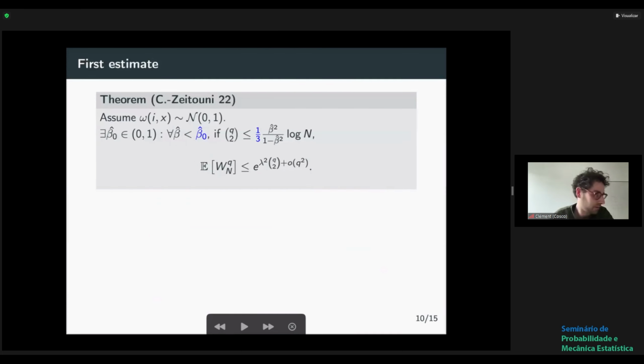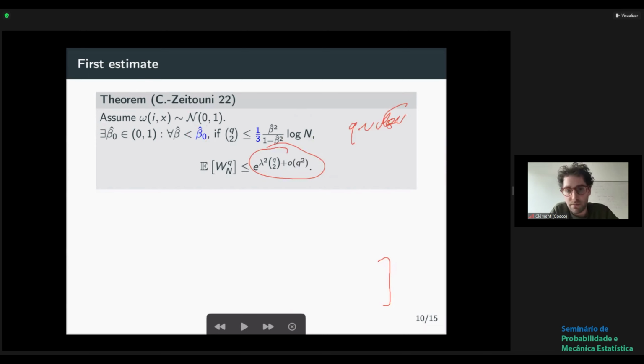The first result we obtained with Ofer was that if beta hat is quite small, much smaller than 1, and whenever q squared is less than a constant times something depending on beta hat squared times log n, which corresponds to q of the order square root log n, as we said, then we can indeed bound the moments, and here is exactly what you expect if log of Wn was Gaussian.